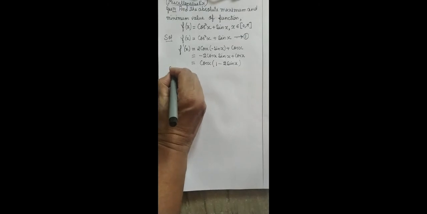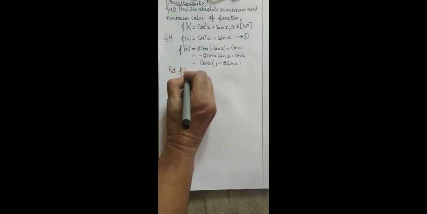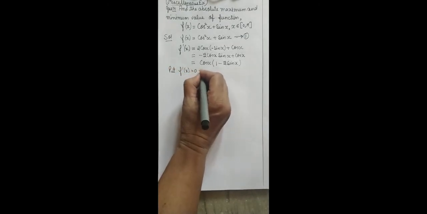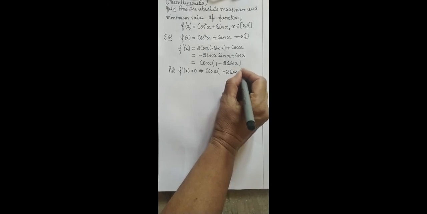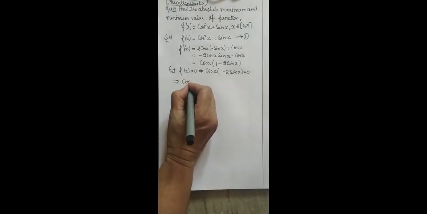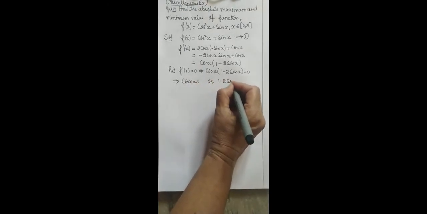Now for critical points, I will put f dash x is equal to 0, which implies cos x into 1 minus 2 sin x is equal to 0, which implies either cos x is 0 or 1 minus 2 sin x is equal to 0. So first of all, I am considering cos x is equal to 0.